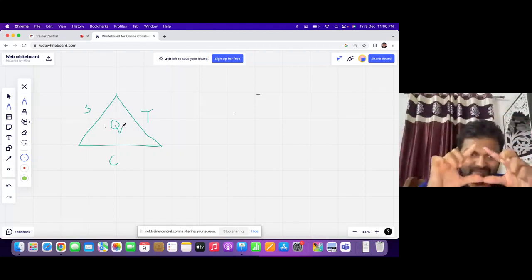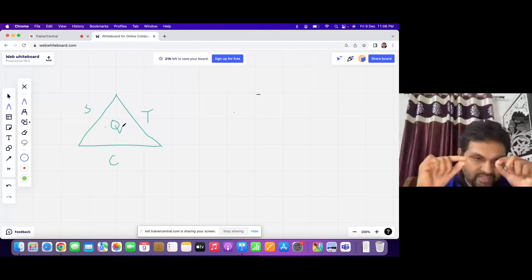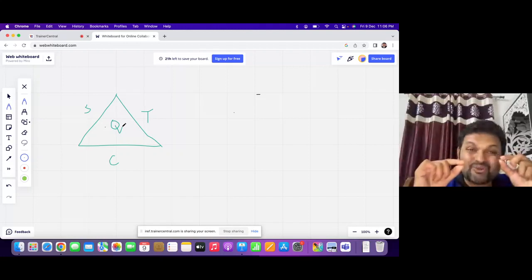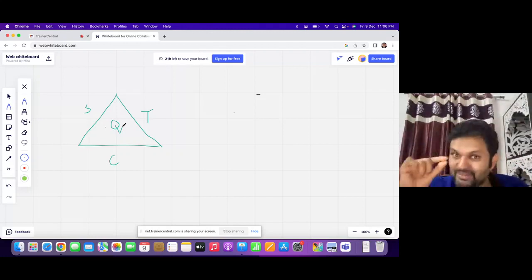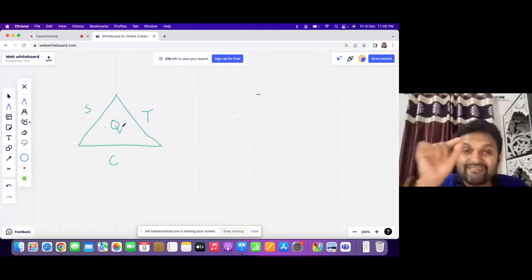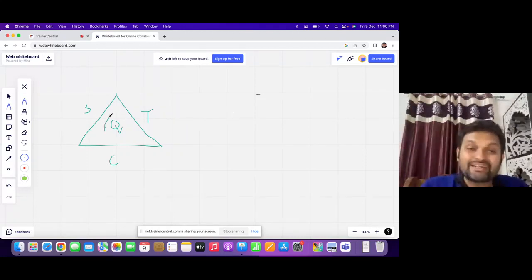If I increase the scope, cost is also increasing. If I increase the time, cost is also increasing, and everything is linked with the quality at the center. So this is known as the triple constraint of project management.